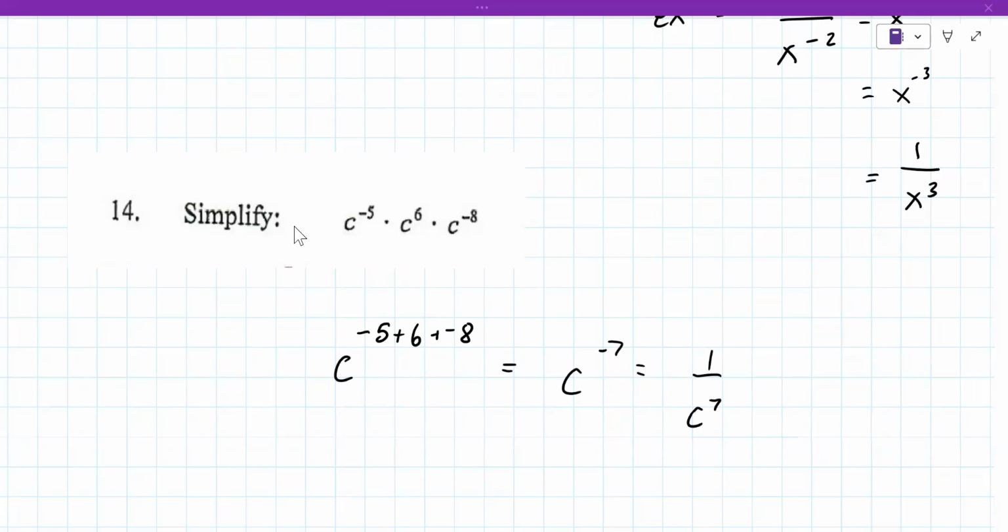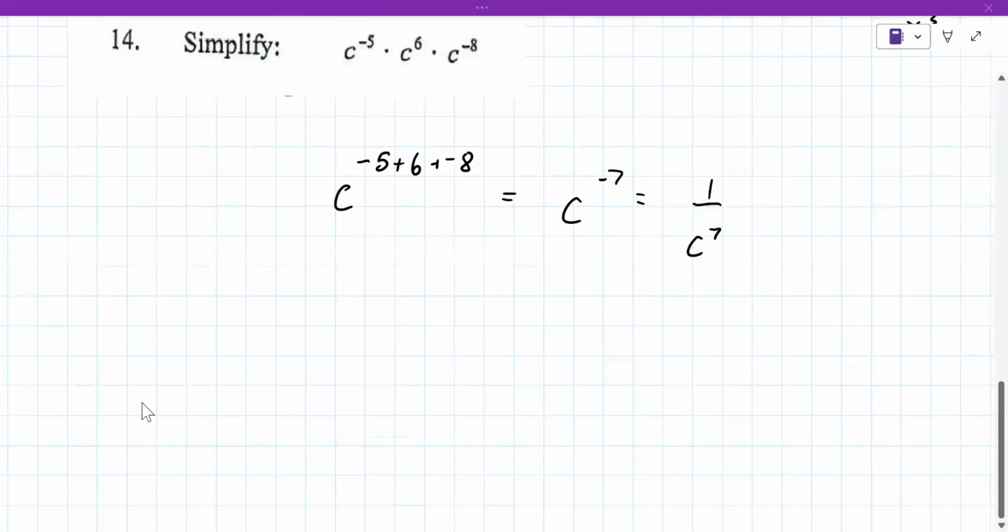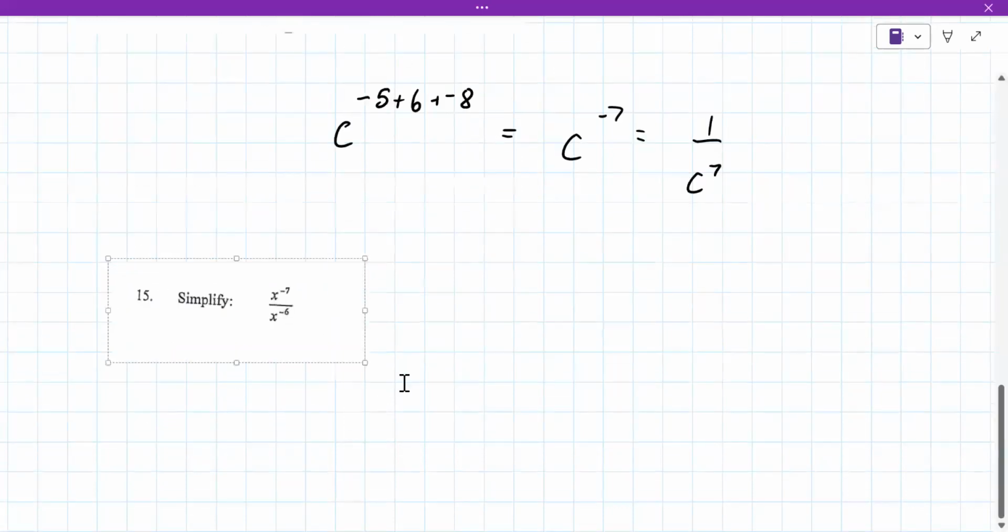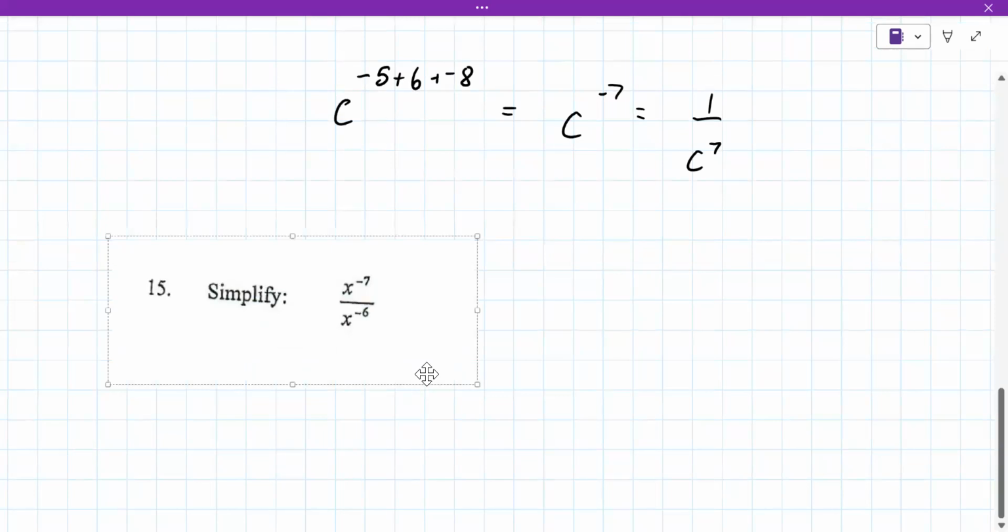All right, so here's another one for you to look at, Max. Take a look at that, please. So would you add the exponents here? Say that one more time. Would you add the exponents here?